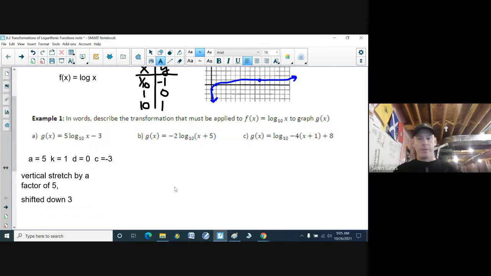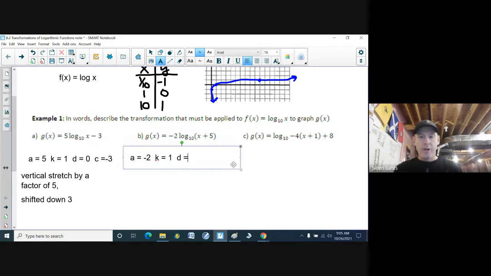There we go. All right, now B, which is also a g of x function. Again, my a value is in front, so that is a -2. Again, no value in front of the brackets, so there is a k value, it just happens to be 1.